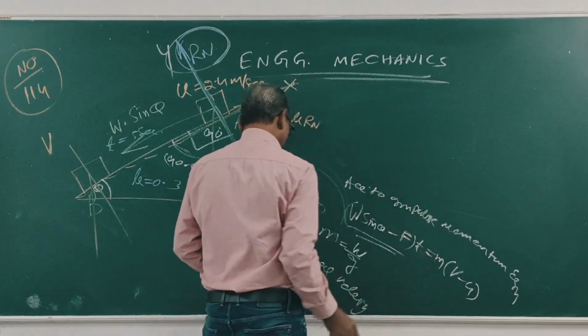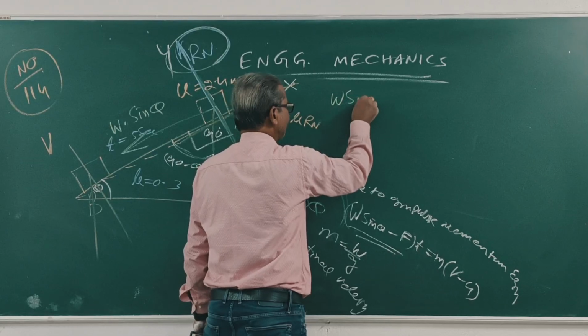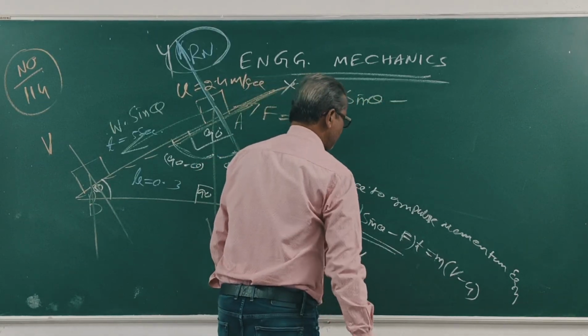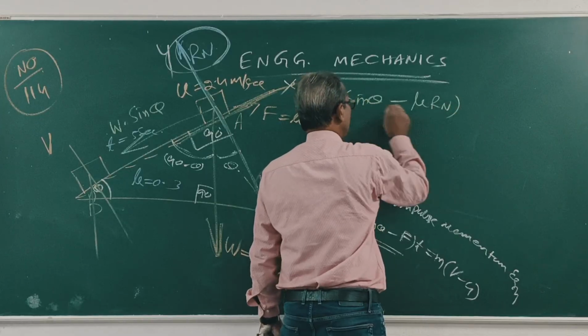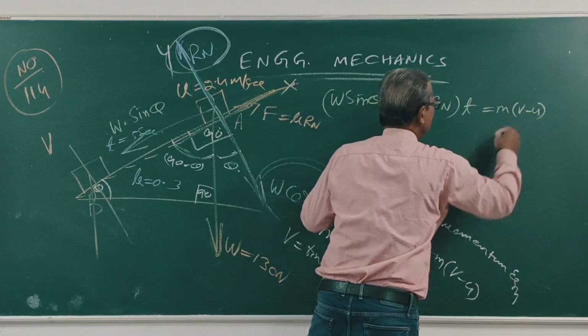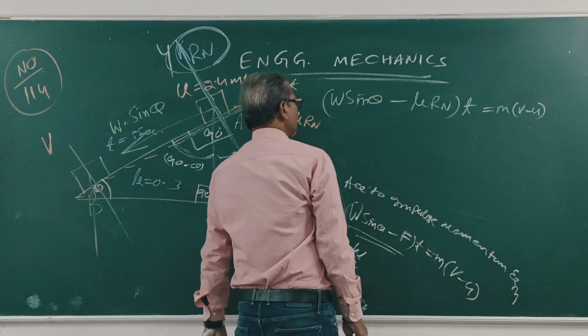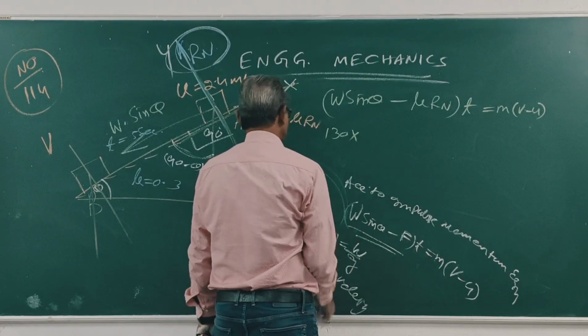Now double sin theta minus F, mu Rn, into t is equal to m into v minus u. So W, what is W? 130 into sin theta.